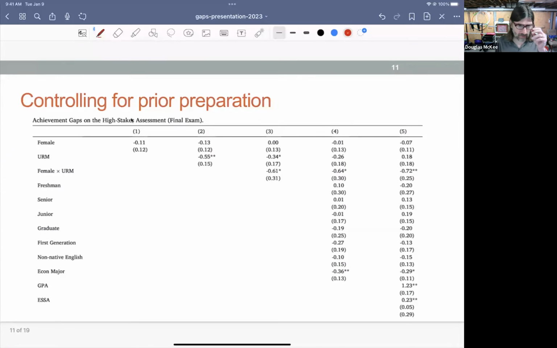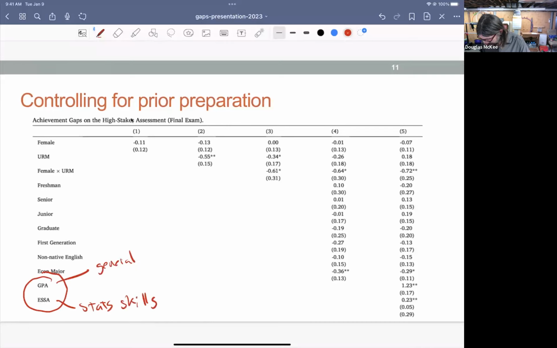Okay. So in this model, what we're doing is we're adding GPA and our measure of statistical skills. So this is our stats skills, and this is general kind of school ability.